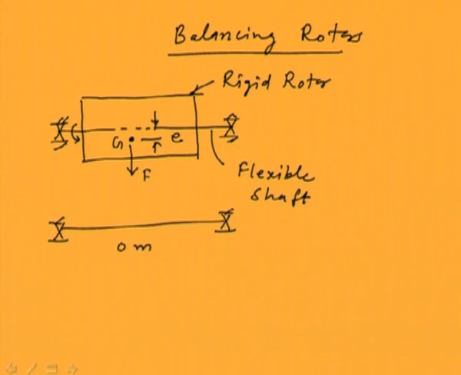The mass of the rotor is concentrated here at the center of gravity, at radius E. This particular kind of unbalance is called static unbalance, which we can balance using a single plane, as we will see later.